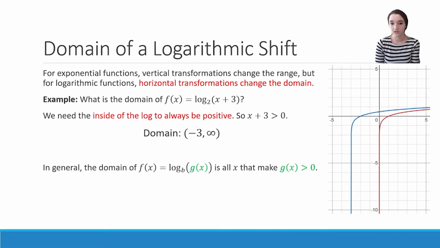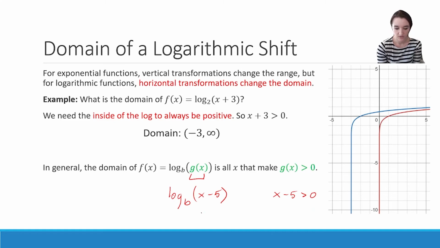So in general, for the domain of f of x equal to log base b of some function g of x, whatever's inside, we just take that inside function and set it greater than 0. So again, if we have log base b of x minus 5, our domain is x minus 5 greater than 0.